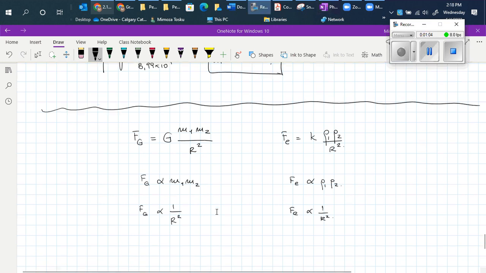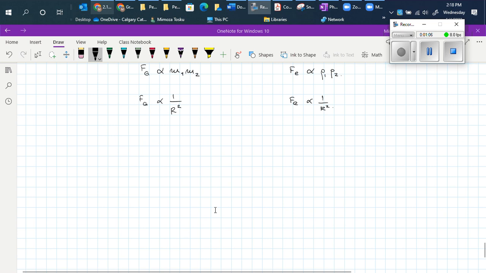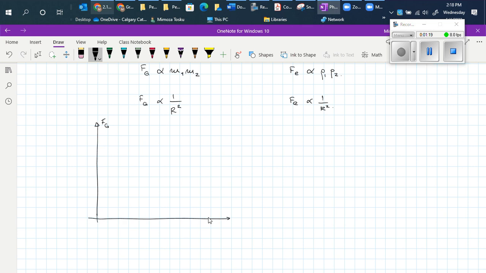So when we graph those relations into a graph of force versus distance, this will be the force of gravity versus distance, and this will be the magnitude of the electrostatic force versus distance.